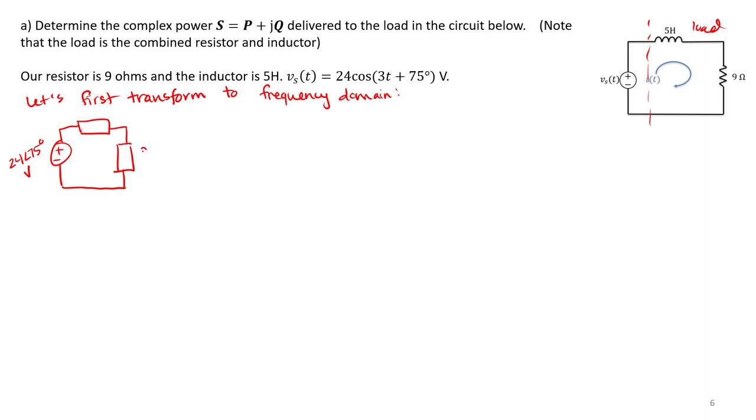Our 9 ohm resistor just becomes a 9 ohm impedance. And for that inductor, the impedance is just given by j omega L. In this case, notice we know our omega is 3, and our L is 5 henries, so we get j times 3 times 5 henries, which gives us j15 ohms.